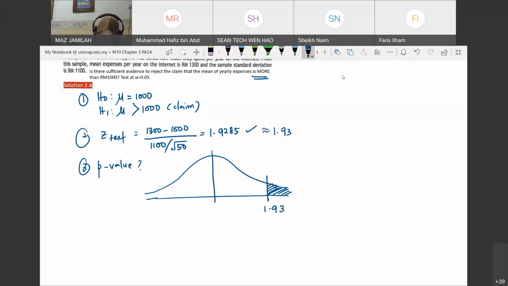We know the middle is 0, and using the first table, we need to find the probability of this area from 0 until 1.93.